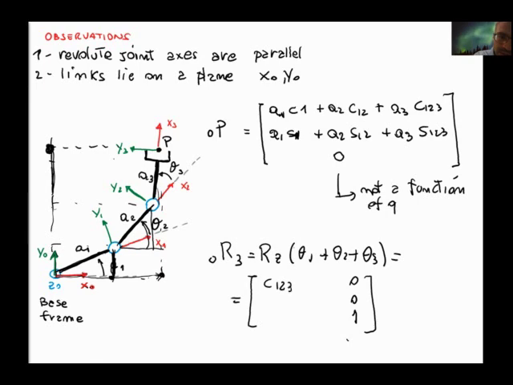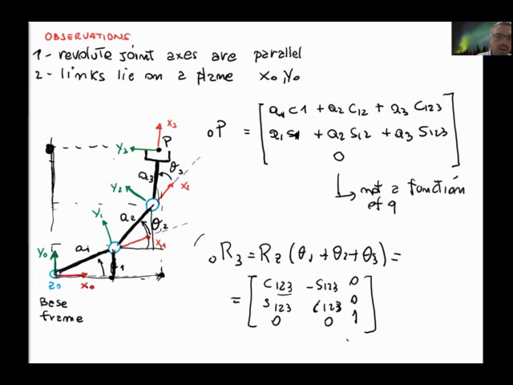It's a cosine of theta 1 plus theta 2 plus theta 3. I just use this simple notation for simplicity, and minus sine of theta 1, theta 2, theta 3, and a cosine of theta 1, theta 2, theta 3. Okay.